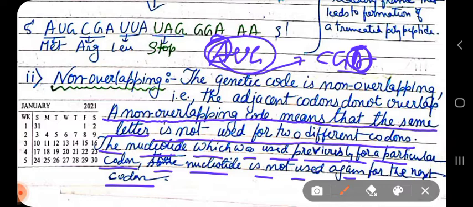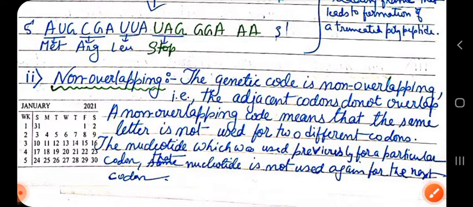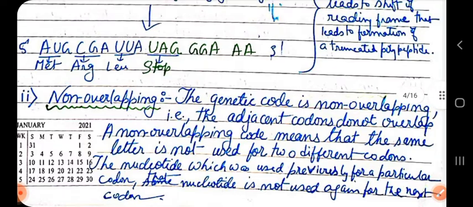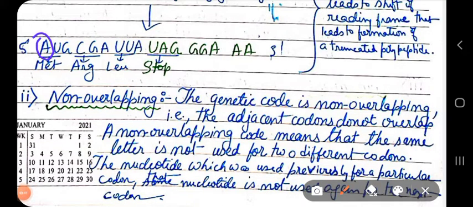So the genetic code is always non-overlapping. The codons are located right next to each other, and the same letter of the codon cannot be used again for a different amino acid. The same A cannot be used for making arginine; it has to take the adenine from a different source to make CGA.